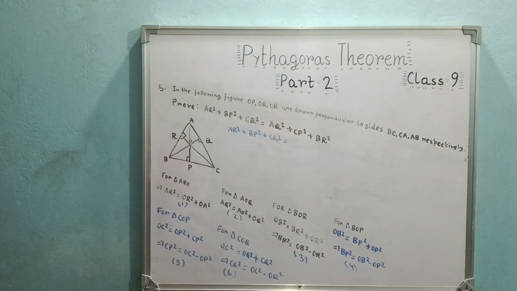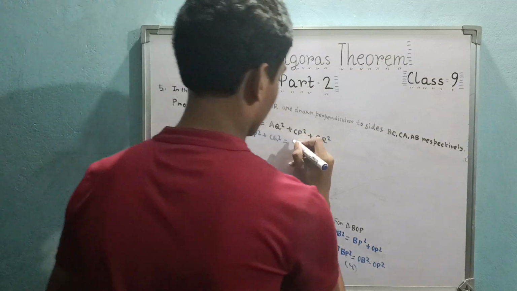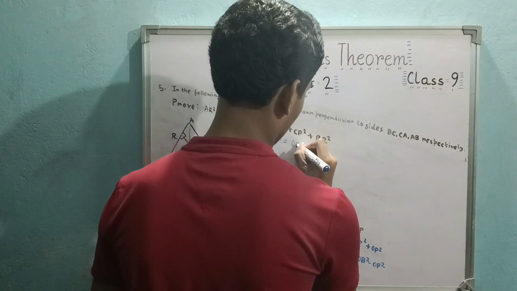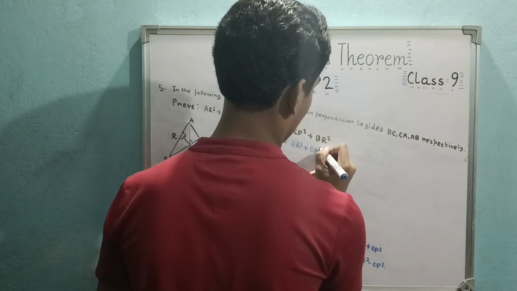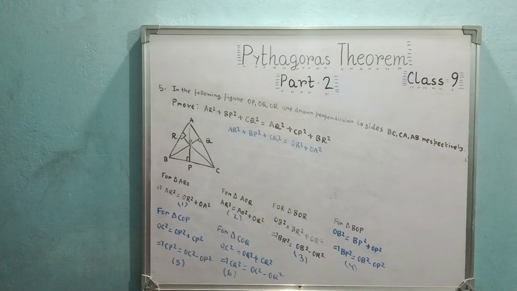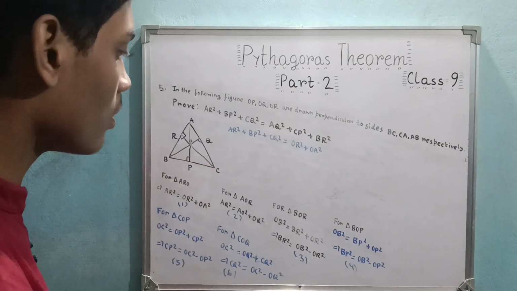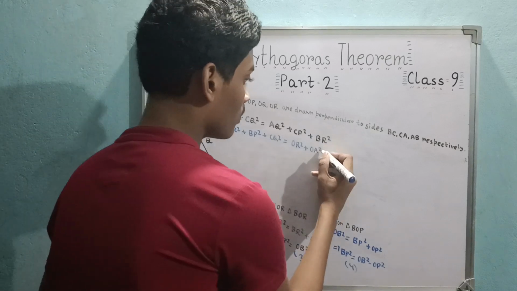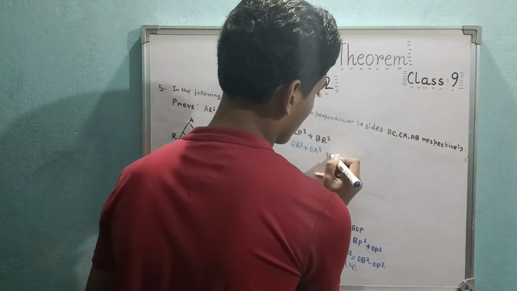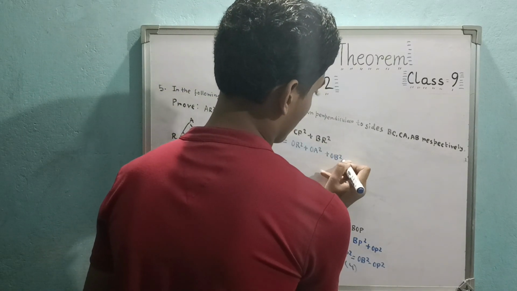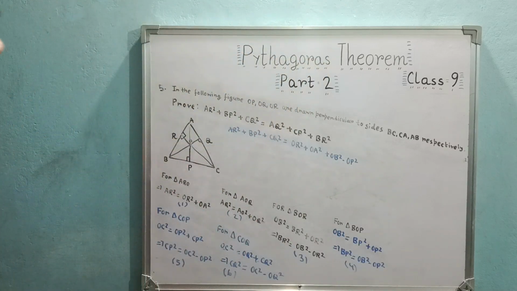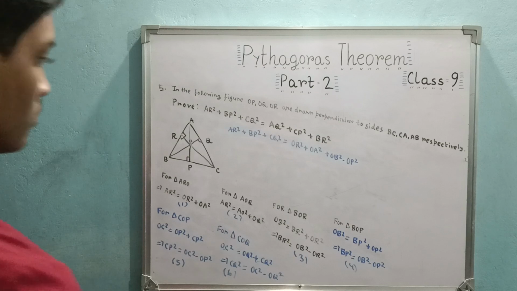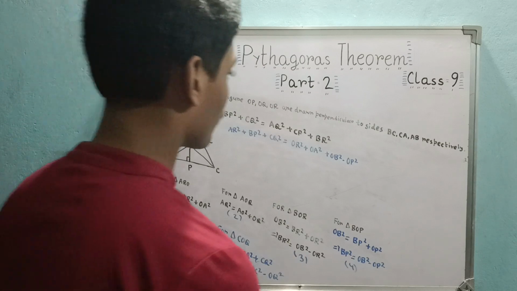AR square is OR square plus OS square. Then BP square is equal to OB square minus OP square. Plus CQ square is OC square minus OQ square.